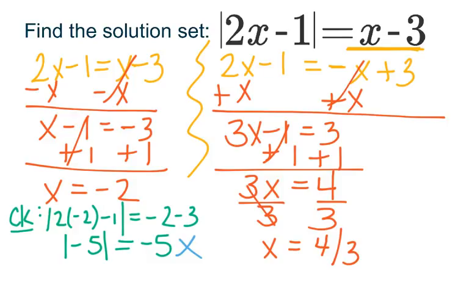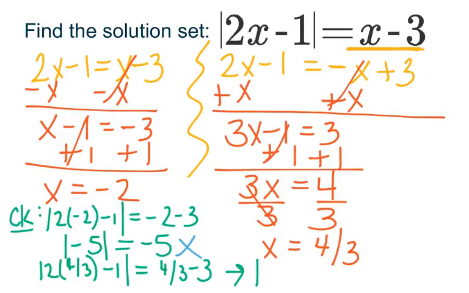Then we're going to do the same thing with 4/3. I'm going to try to squeeze this in underneath. Again, you're putting 4/3 anywhere that you see an x. Again, you'd probably just type all of this into your calculator. You end up getting that the absolute value of 5/3 is equal to -5/3. It's the same kind of thing that happened on the other one.